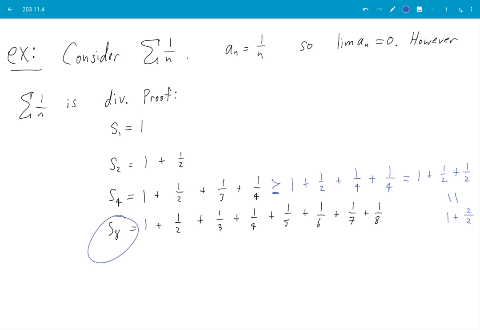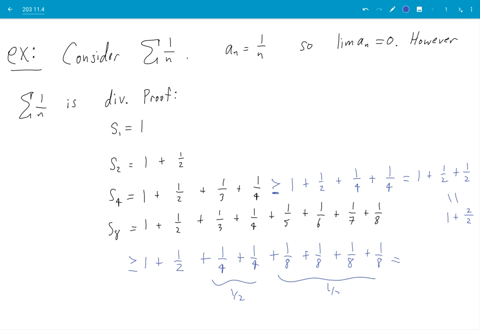Now looking at S8. I'm going to replace this with a quarter. And I'm going to replace these three terms with 1 over 8. And I'm going to obtain something smaller. So this is a half, and this is a half.